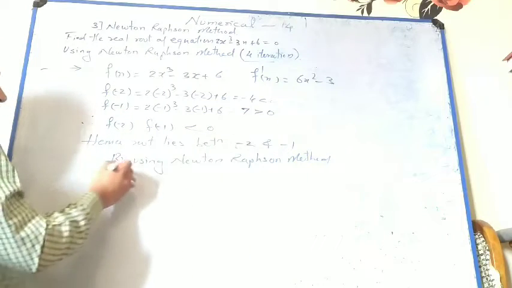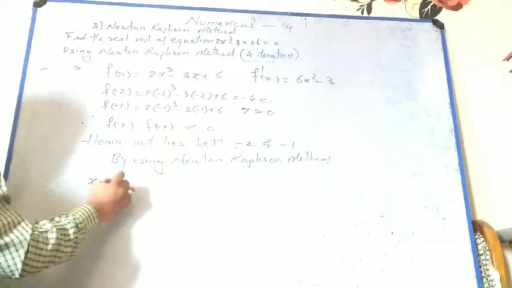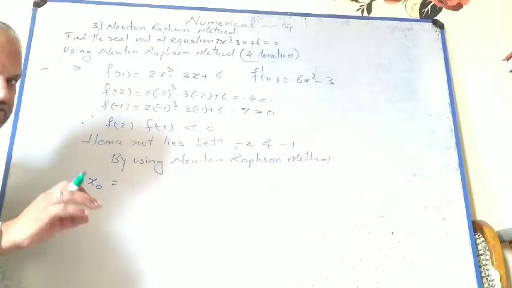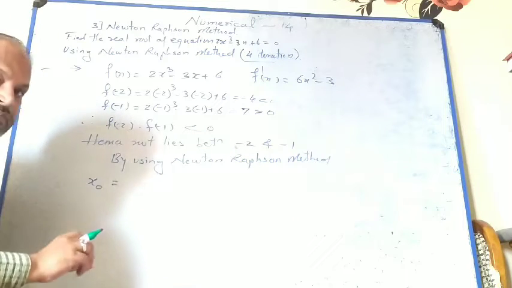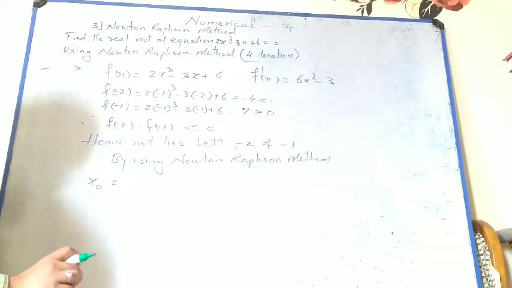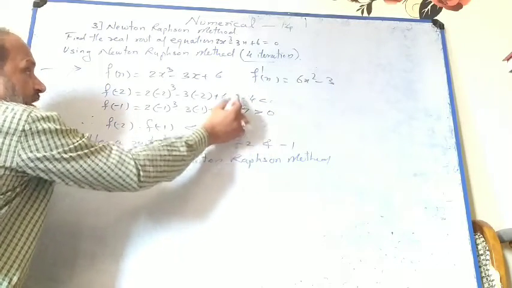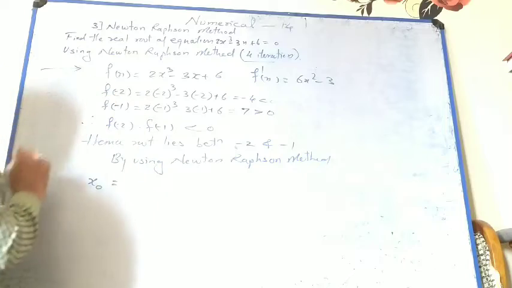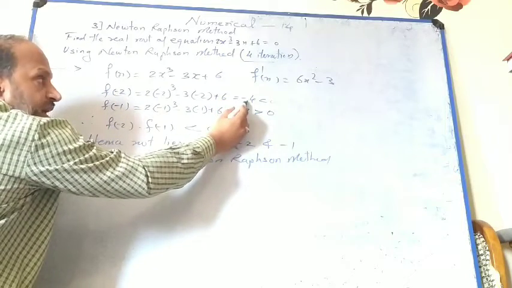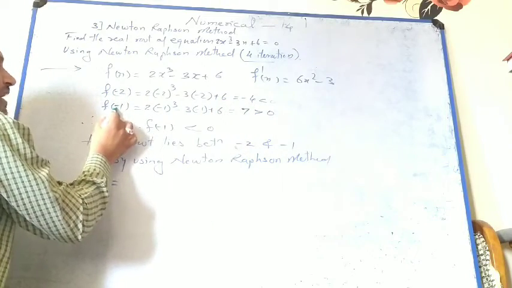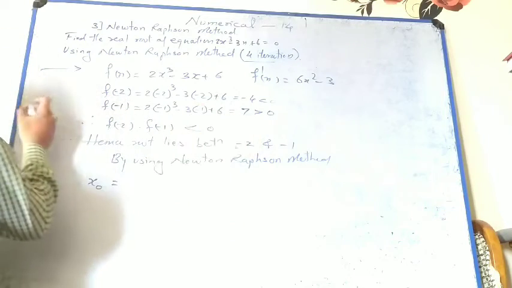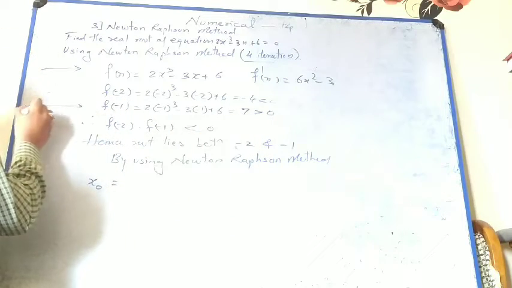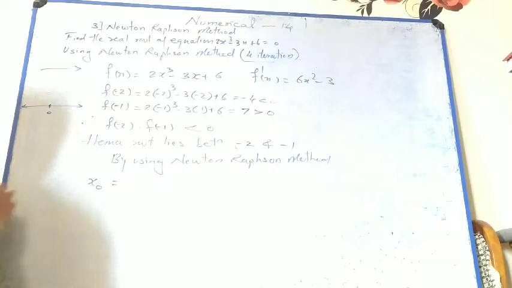Then here you have to take the initial approximation x0. Now how to take that initial term x0? You check these values. For f of minus 2, the value is minus 4. For f of minus 1, the value is 7. Now if you take a number line, mark here 0.